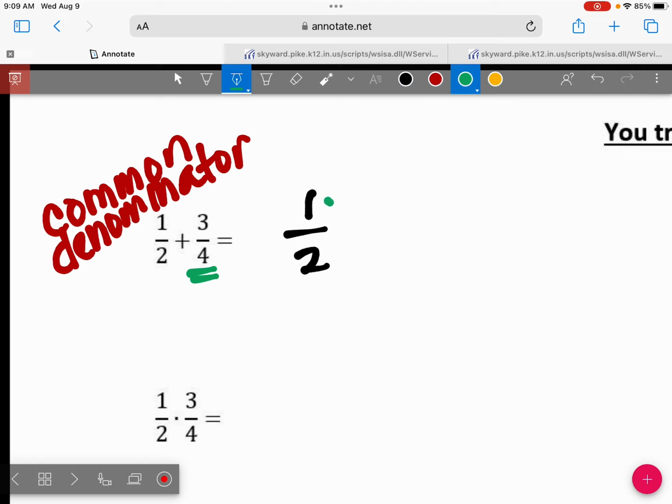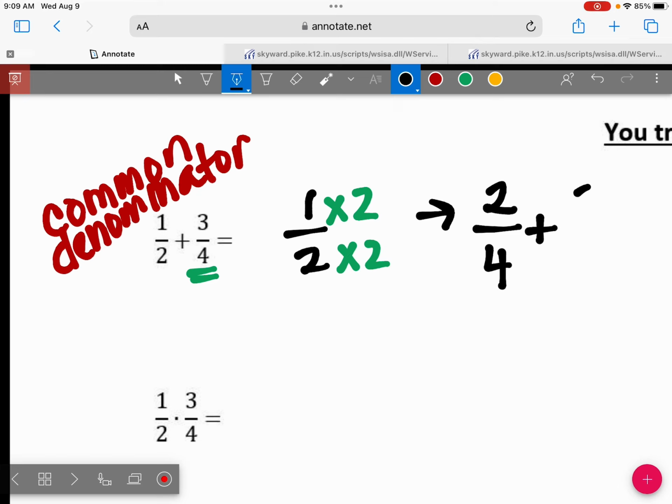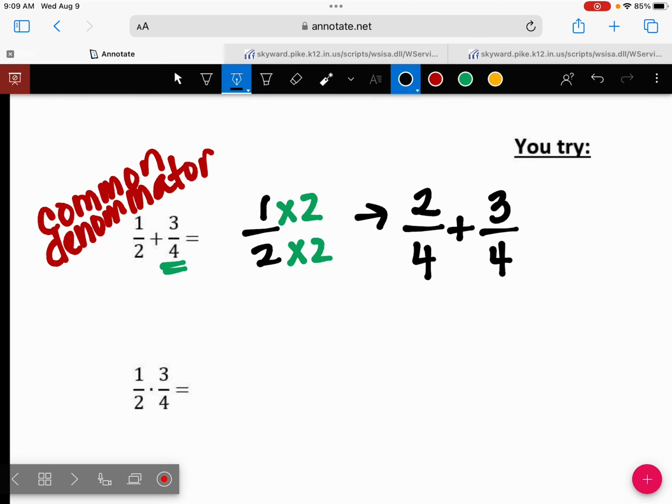Good job. So that gives us 2 over 4 plus 3 over 4, which is 5 over 4. That's how you would add the fractions.